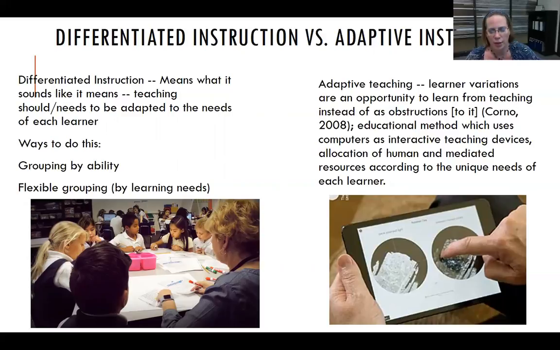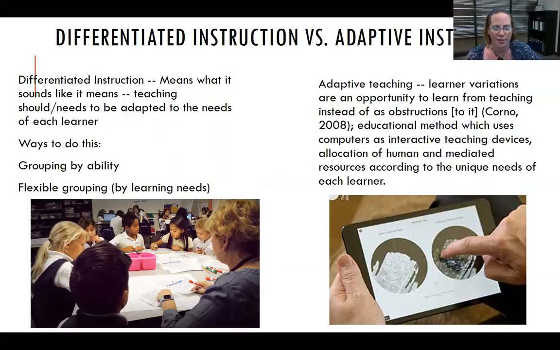Flexible grouping, on the other hand, allows groups to be changed based on the needs of individual students as they come up. Groups, and we can put that in quotes, may also be pairs, small groups, the whole class, or even disbanded completely as needs arise. Adaptive teaching, on the other hand, is allocation of resources, especially technology, to assist individual needs of learners.